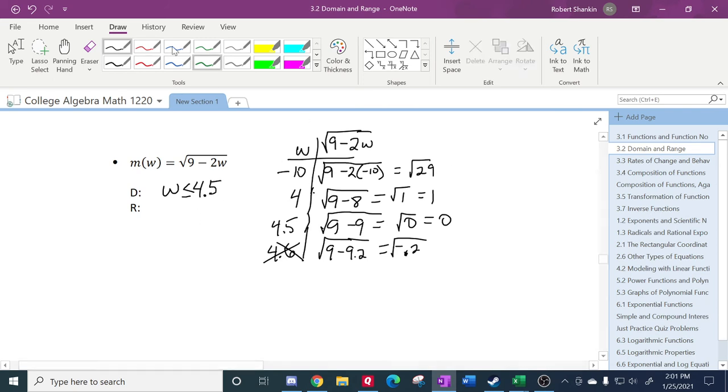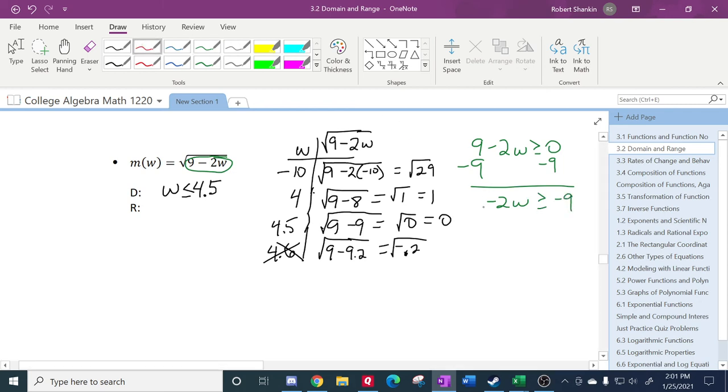Now, we could have also gotten that by saying, let's look at all of this. What must be true about all of that? It must be greater than or equal to 0. It must resolve to be positive. Now let's solve.